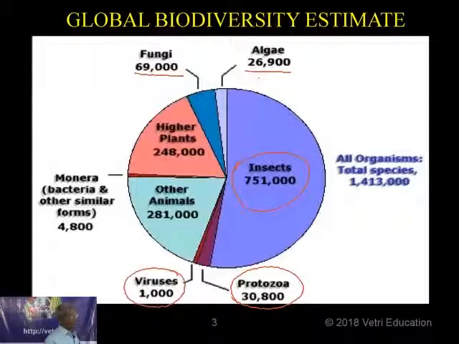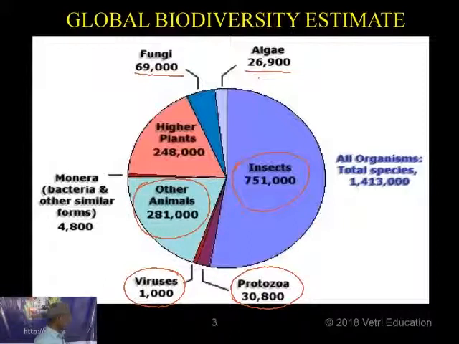You may know about 10 or 15 viruses which cause different dreadful diseases in man. But there are thousands of viruses. They may not be causing such serious diseases, so we may not be aware of so many viruses, but they are there in nature. And other animals come to nearly 2,81,000.